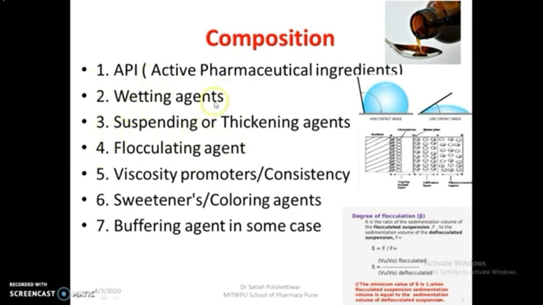So in short, the degree of flocculation is the ratio of the ultimate sedimentation volume of flocculated suspension to the ultimate sedimentation volume of deflocculated suspension. So here we have completed some basic points in suspension.